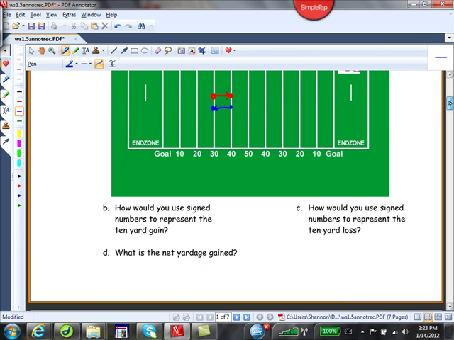Okay? So let's go ahead and answer this. So how would you use signed numbers to represent the 10-yard gain? Well, it's a gain, so it's positive, and then it's 10, and we can put that unit as yards.